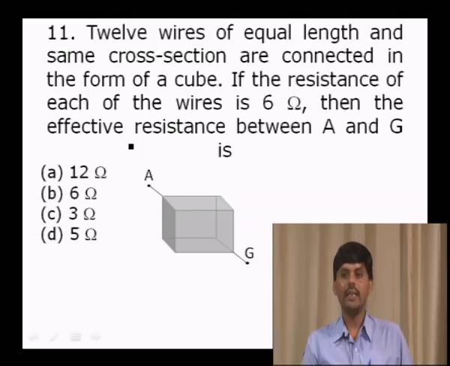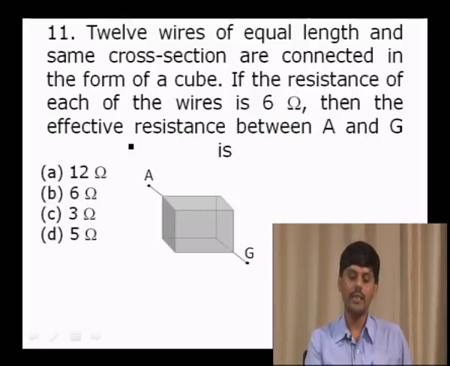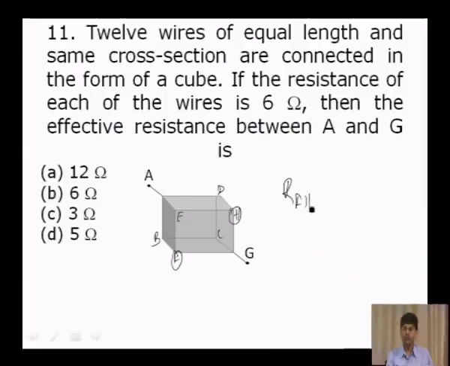If they happen to ask for a face diagonal, say, for example, this is the face diagonal. I will name the corners B, C, D, E, F, G, H. This is the face diagonal, that is R_FH.